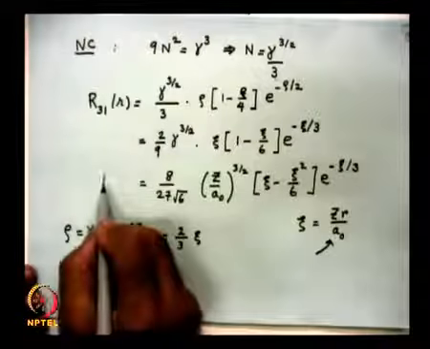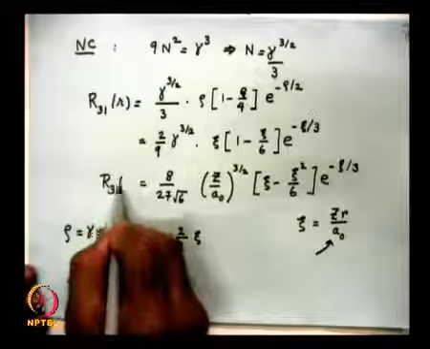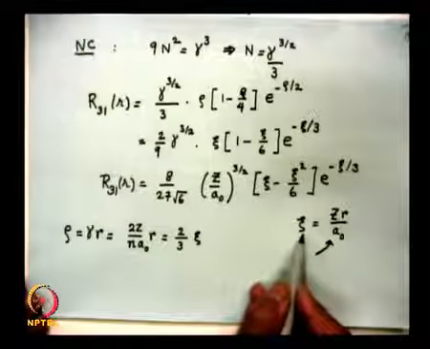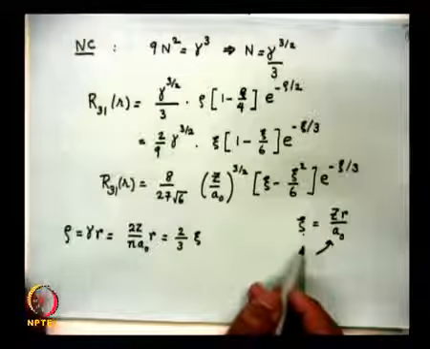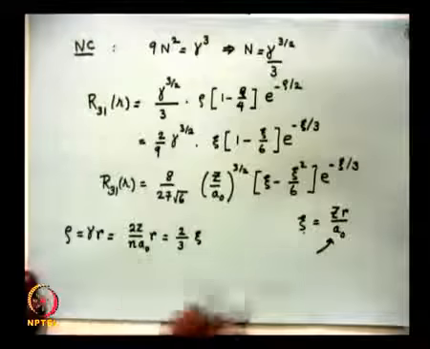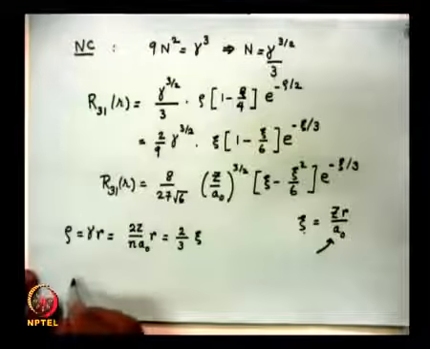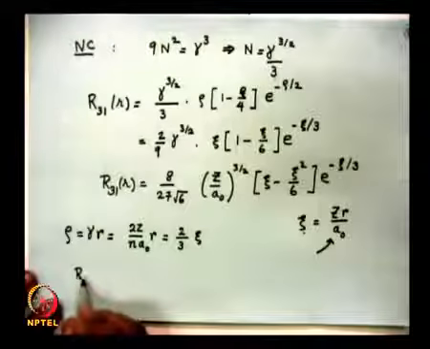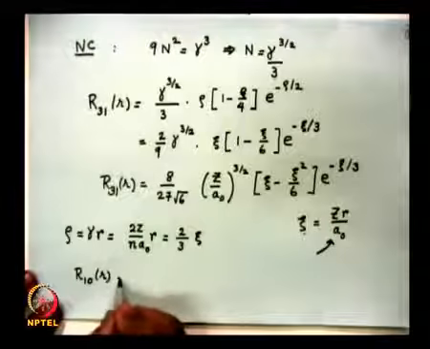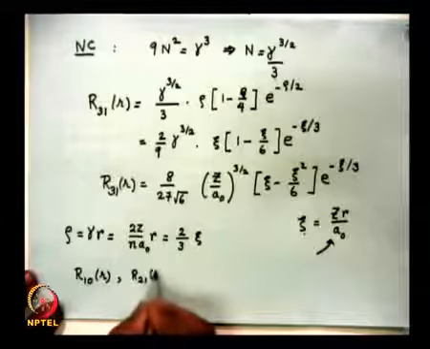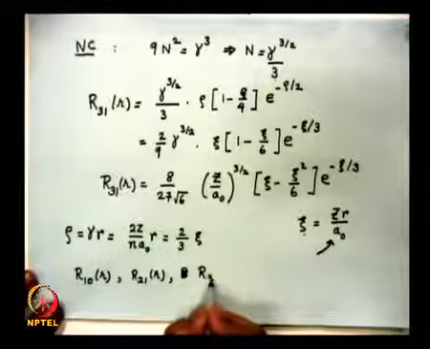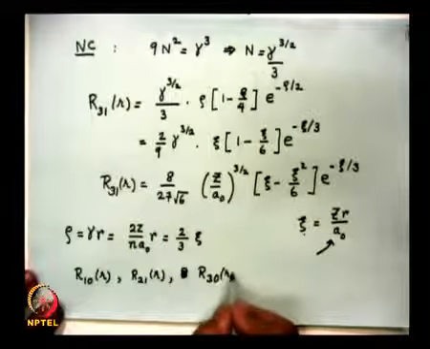So, this is the rigorously correct normalized wave function, and it is in this form, in terms of the variable xi, that most of the wave functions are written. What I would like to conclude this part of the lecture with is that I leave it as an exercise for you to calculate from first principles R10 of r, R21 of r, and R30 of r.